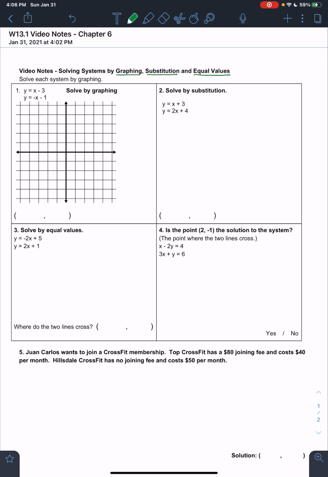The way that we know how to graph most easily is in the slope-intercept form. So we're looking at y equals mx plus b, and these are both in that format. So we know that any graph that we want to begin, we're going to start with x equals 0.